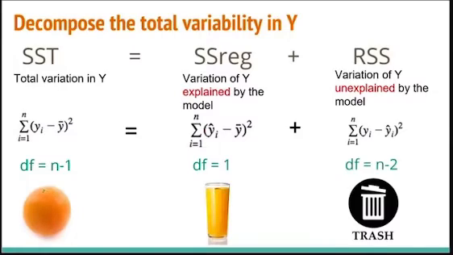The same way, to get the residual sum of squares, I do sum of squares total minus sum of squares regression. If I know the degree of freedom for total and for regression, I can determine the degree of freedom for error, which is n minus 1 minus 1, that is n minus 2. So what I'm trying to show you here is that the same way we can decompose the variation, we can also decompose the degree of freedom.